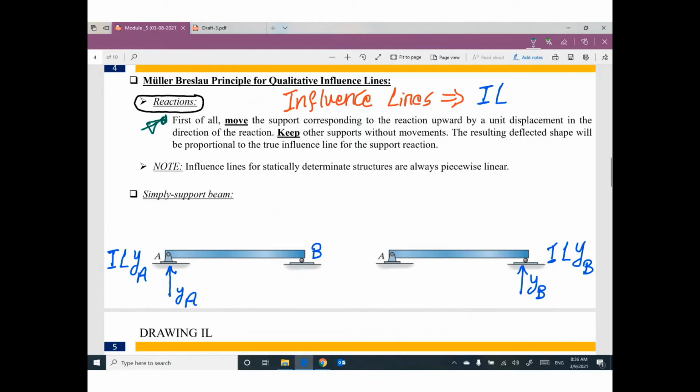First of all, move the support corresponding to the reaction upward by a unit displacement. I'm looking for influence line for reaction YA. Go ahead and move this support up by 1.